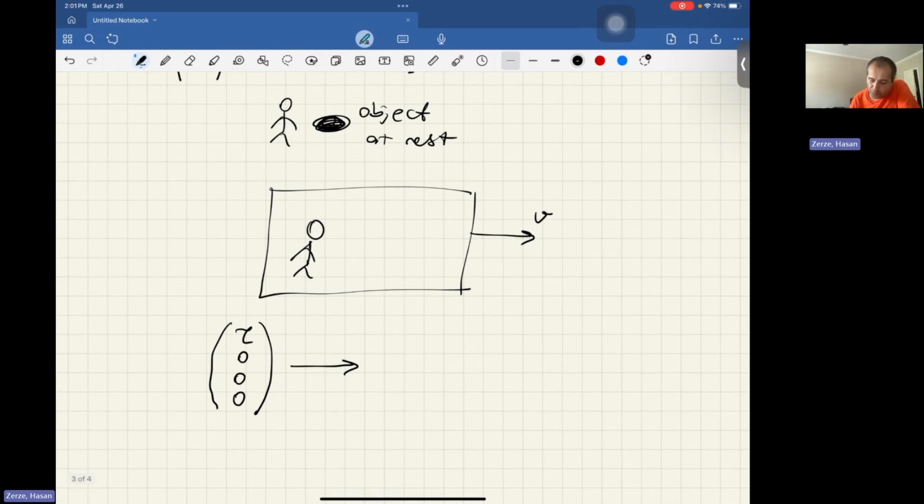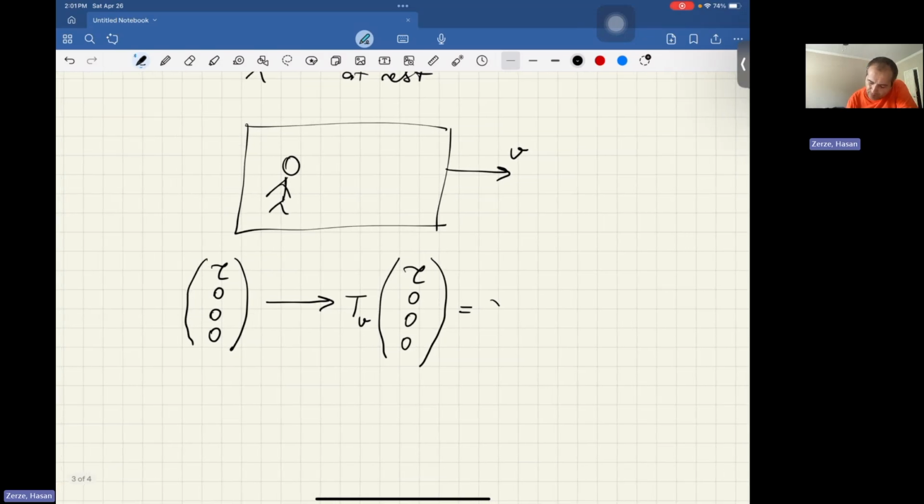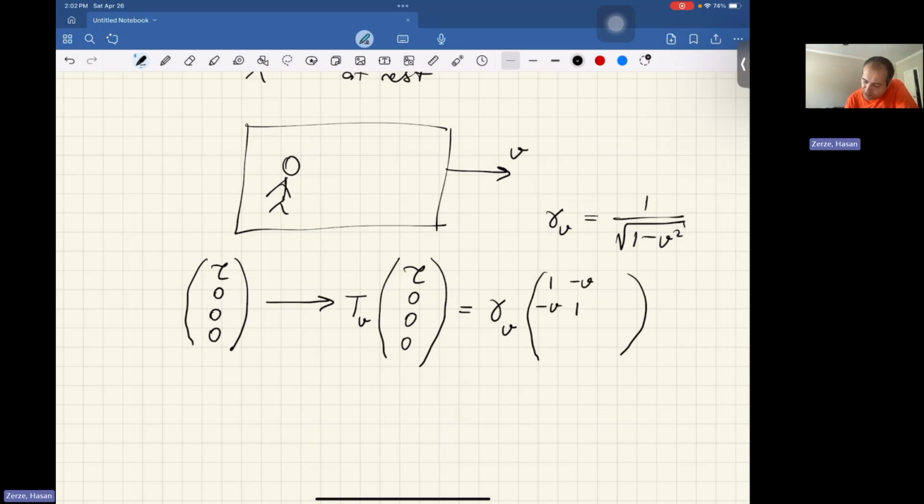We learned in the first video of this series that we make these Lorentz transformations. We apply it to this vector, and what we get is gamma v, where gamma v was defined as 1 over the square root of 1 minus v squared, times a matrix that looks something like this, with v and minus v entries.